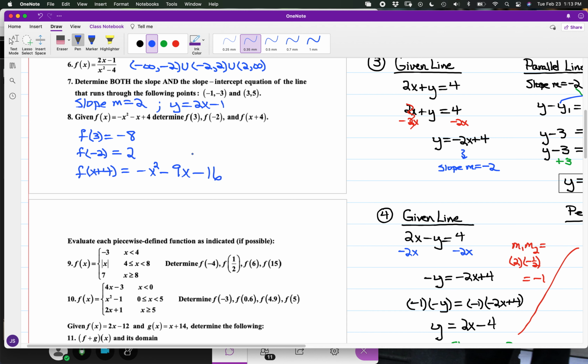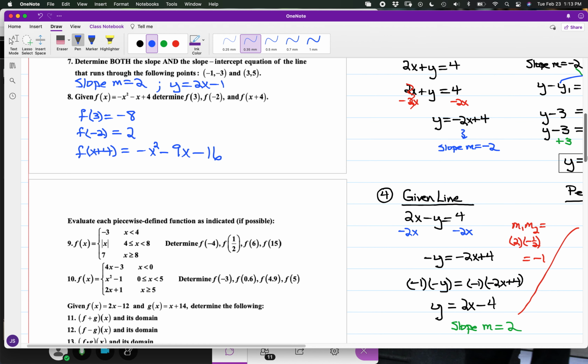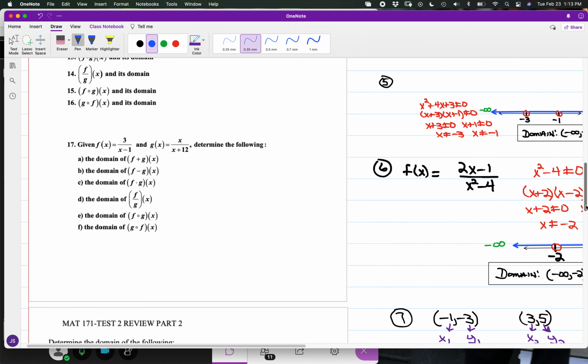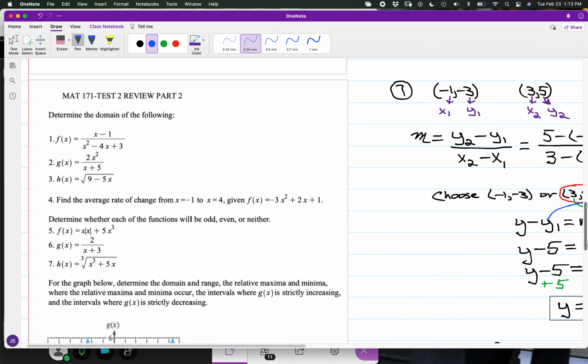And now, just once again, looking into piecewise defined functions. For number 9, we have our function f of x partitioned into 3 categories.